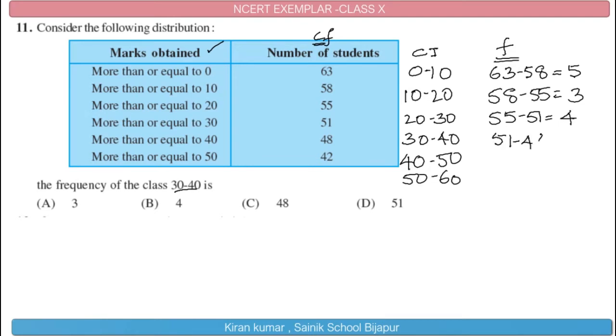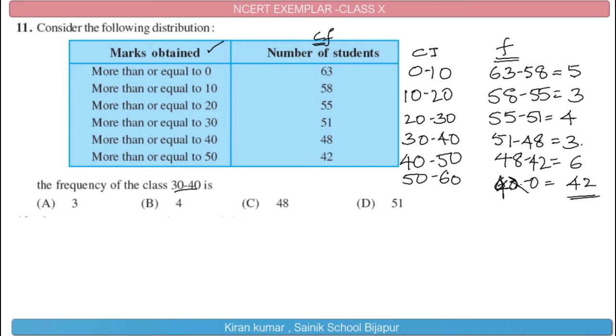51 minus 48, which is 3, is the frequency for the class interval 30 to 40. Then 48 minus 42 is 6, the frequency for the class 40 to 50. 42 minus 0, which is 42, is the frequency for the class interval 50 to 60.